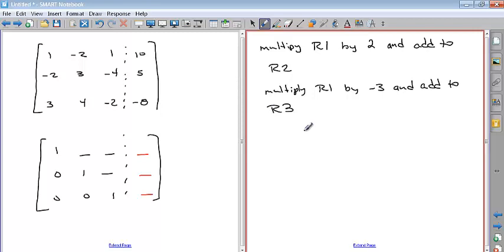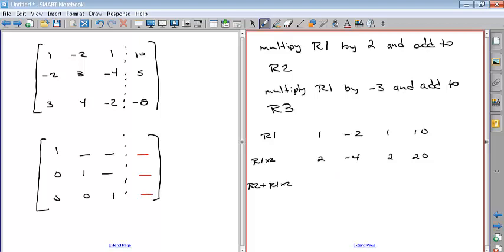So let's do that. Row 1 is 1, negative 2, 1, 10. We're going to take row 1 and multiply by 2. So that becomes 2, negative 4, 2, 20. Then we take row 2 plus row 1 times 2.